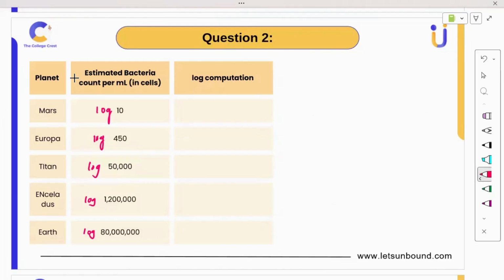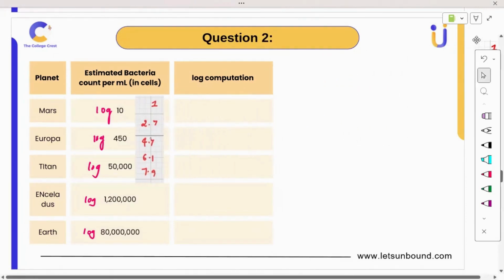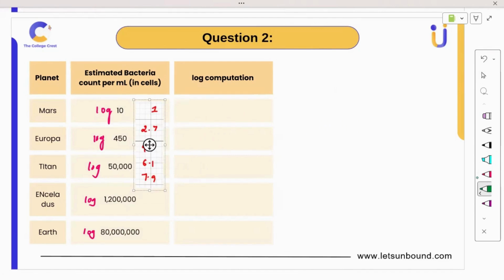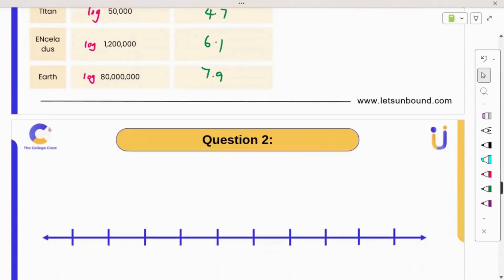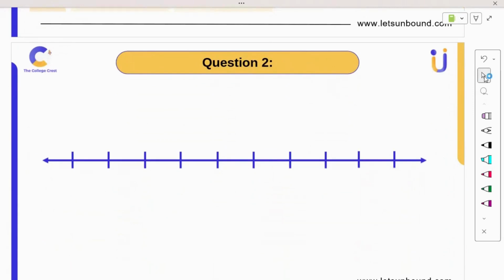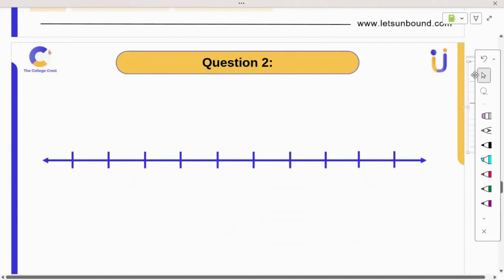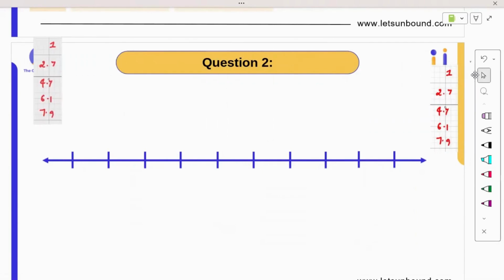So here we go. These are the values: 1, 2.7, 4.7, 6.1, 7.9. And we will be plotting these on a 1D, one-dimensional line. Let's plot it.